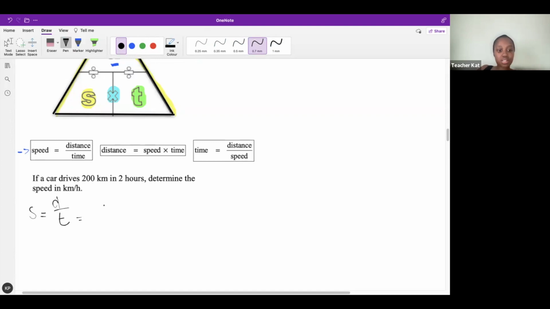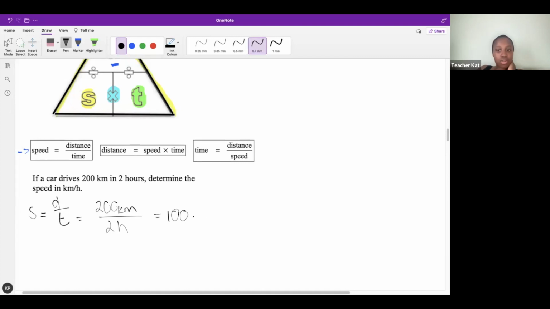We've been given the distance, which is 200 kilometers, and my time is 2 hours. So what is my speed? What is 200 divided by 2? Thank you. So then speed is 100.